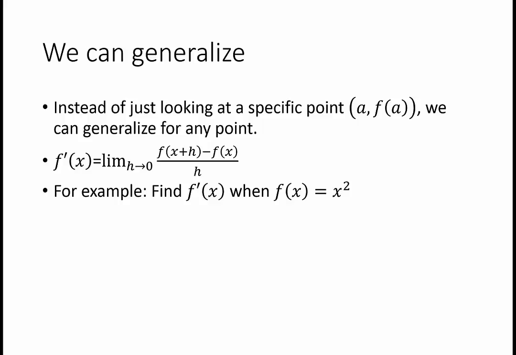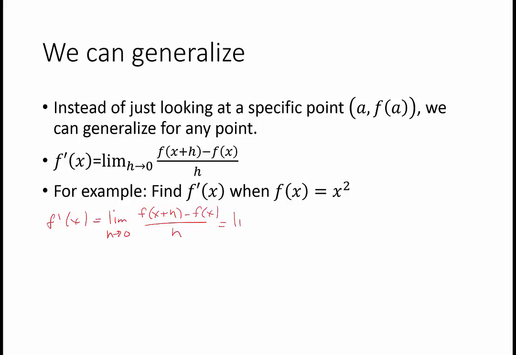And if I do that, I can do something like this. Well, what is f prime of x for x squared? Well, I could say f prime of x is equal to the limit as h approaches 0 of f of x plus h minus f of x all over h.